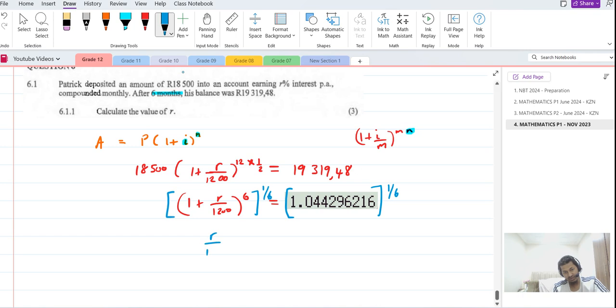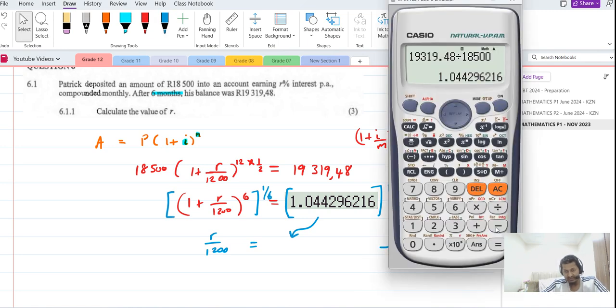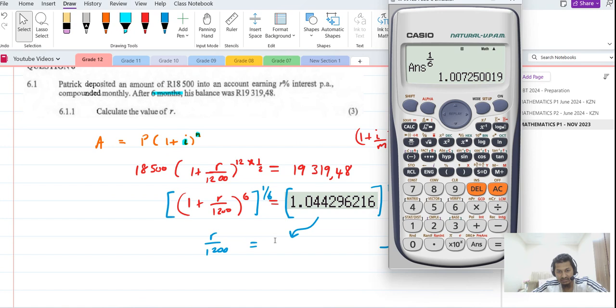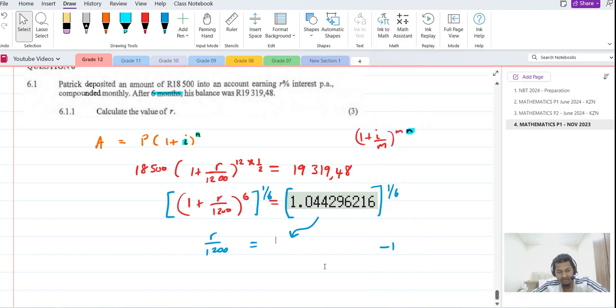So R over 1200 is equal to this whole answer here, and then I need to minus 1. So let's take this answer and raise it to the power 1 over 6. Right, so I've got this answer here, and I'm going to minus 1.